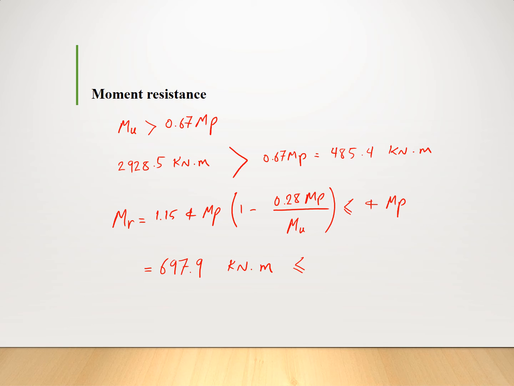It should be lower than 652.1 kilonewton times meter. And as you can see, the resistance moment we got on the left hand side is bigger than the right hand side, so the right hand side will be the resistance moment. So Mr is equal to 652.1 kilonewton times meter.